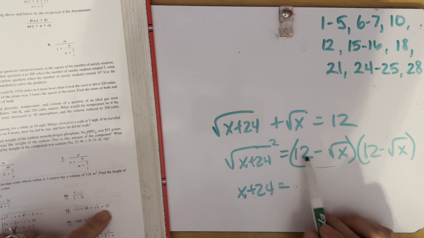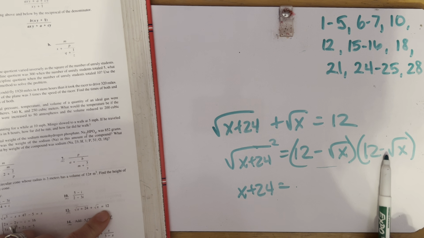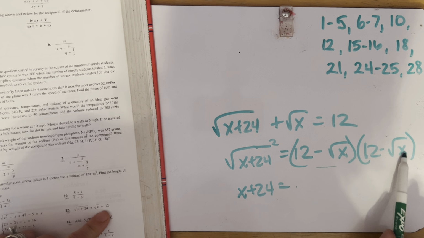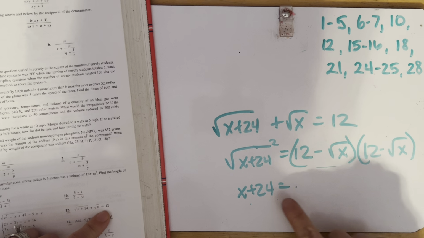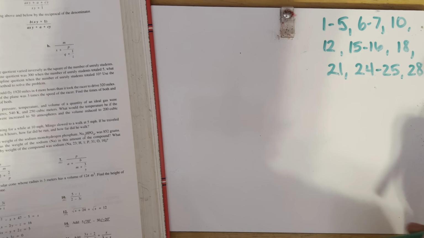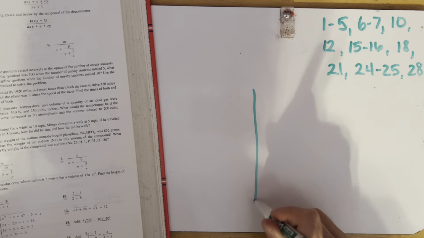First times first, then outer plus inner, which is not going to cancel out because they're both negative. 12 times -1 is -12, and -1 times 12, so -12 plus -12, so minus 24 times the square root of x. Then square root of x times the square root of x, the square roots cancel out, and you're just left with x. So you need to FOIL that out, solve for x, and go back and make sure that it works. That was 12.